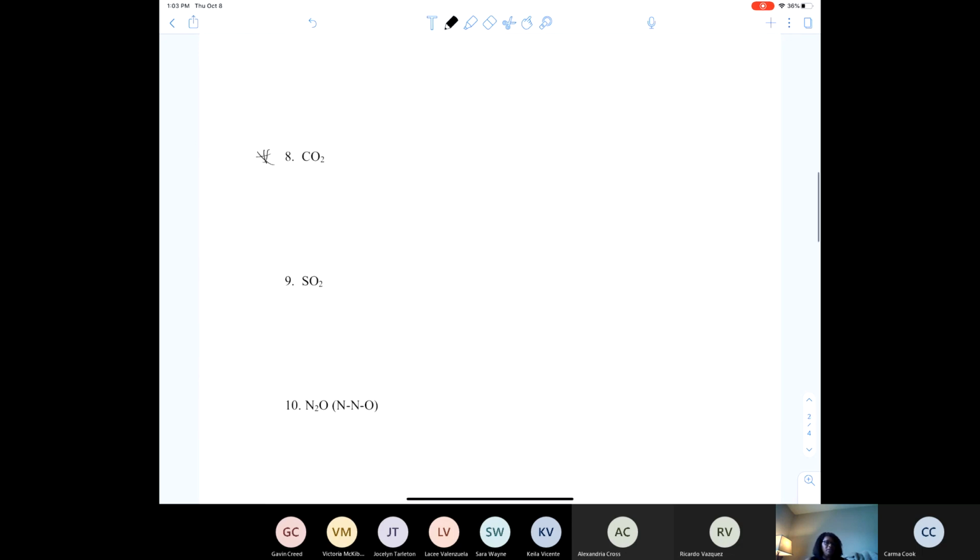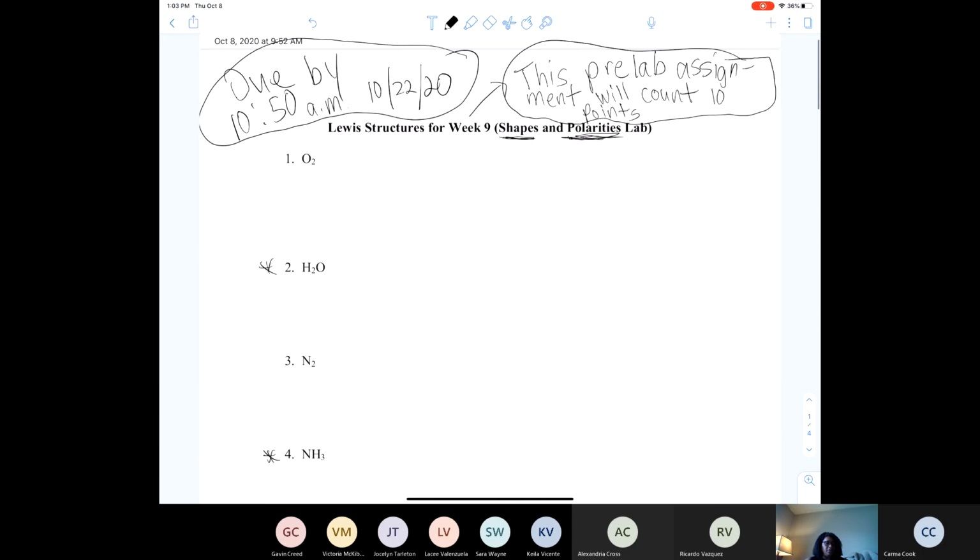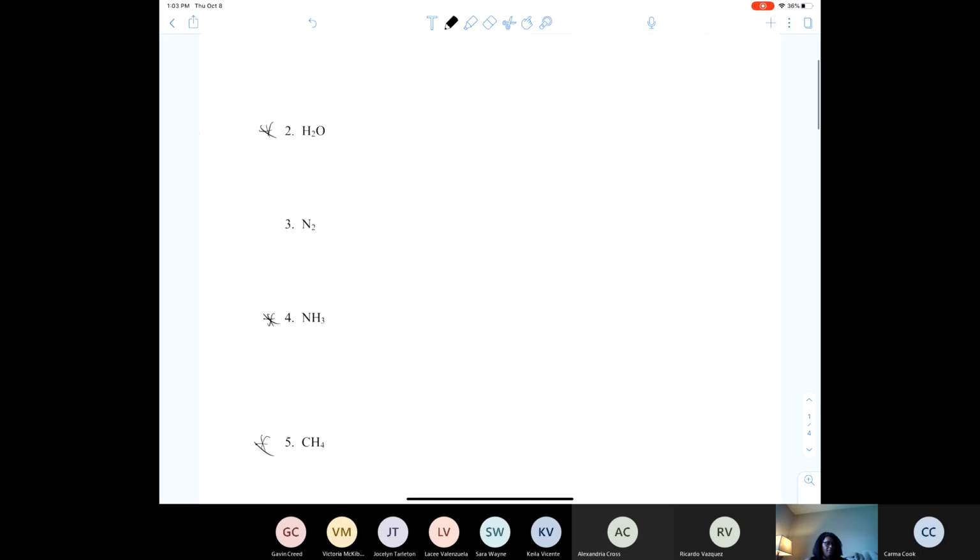You should already have the Lewis structures drawn in your notes. And for today's lab, about 4 or 5 of these you should already have. And I know we did this one in my class as well yesterday, and that one too. So if you have me for lecture, you've already got most of these done.